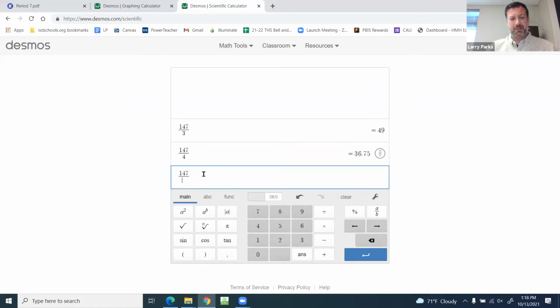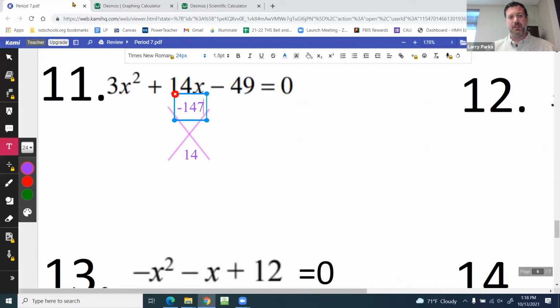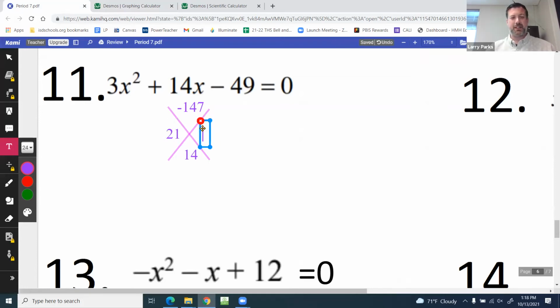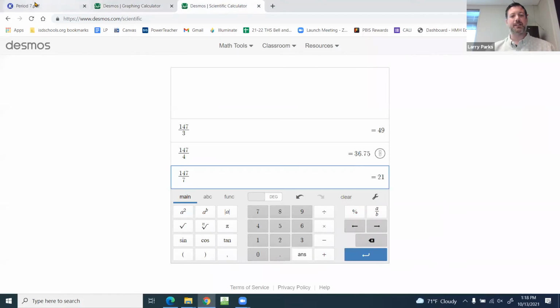Nope. 147 divided by 5 only goes in the anything with 5 and 0. So not 5. 6. 7. 21 minus 7 is 14. That's what I want. So I am going to make this 21. And I'm going to make that minus 7. That is what I said, right? Yeah.